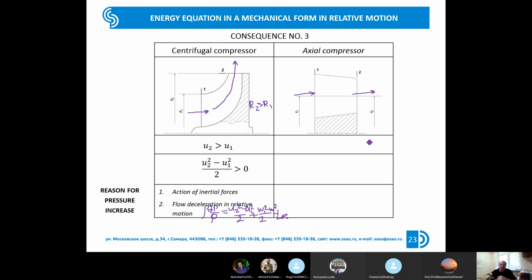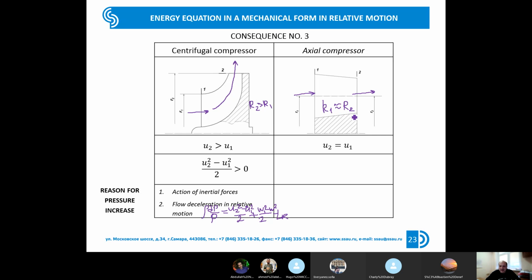So the main feature of the axial compressor is that the flow moves along the compressor approximately in the direction parallel to the axis of rotation. That's why it comes in at the radius R1 and comes out at the radius R2, but because the direction of the velocity vectors is approximately parallel to the axis of rotation, we could say that R1 is approximately equal to R2.